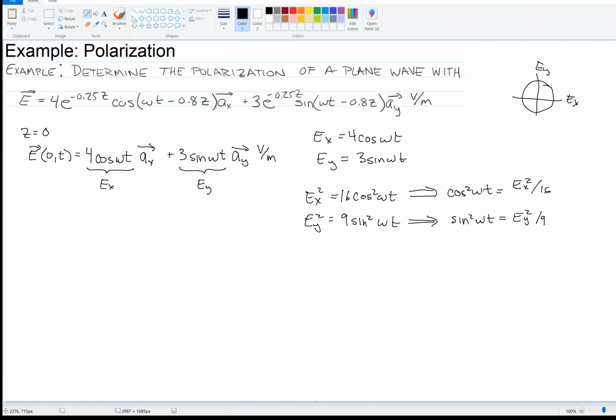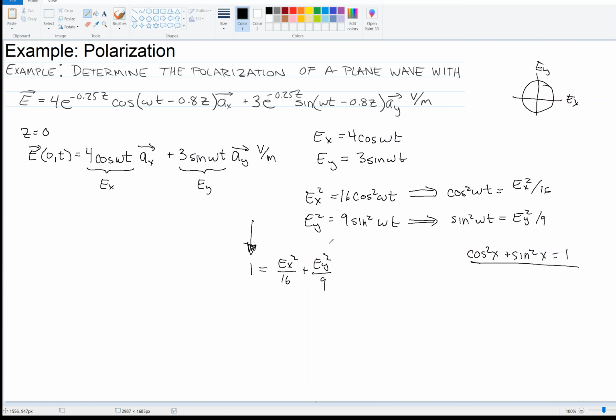So why did I do that? Well, I'm trying to get rid of t, and when you have cosine squared of an argument plus sine squared of an argument, that's 1. So I'm going to add these two equations, so I get 1 on the left, and hence I've gotten rid of t, and on the right I have Ex squared over 16 plus Ey squared over 9. Again, I'm using the identity that cosine squared of x plus sine squared of x is equal to 1. That's where I get this 1 here.